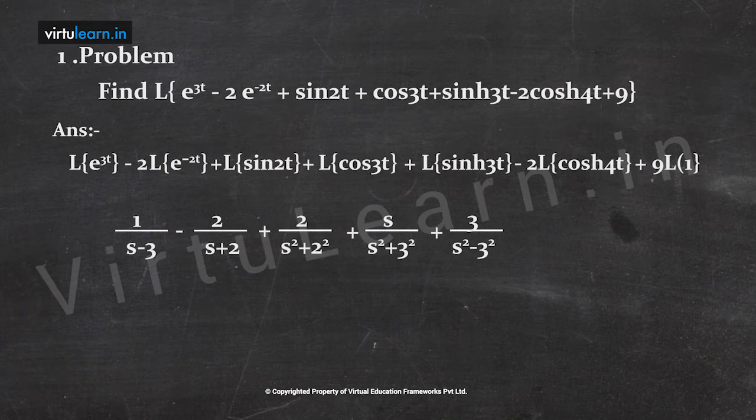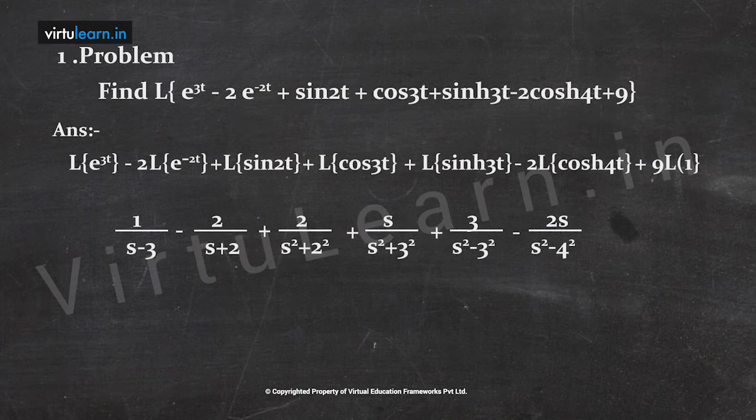Now minus 2 into Laplace transform of cosh 4t means s by s squared minus 4 squared. The cosh at formula is s by s squared minus a squared. That's why I am writing here, in place of a, 4: s by s squared minus 4 squared.